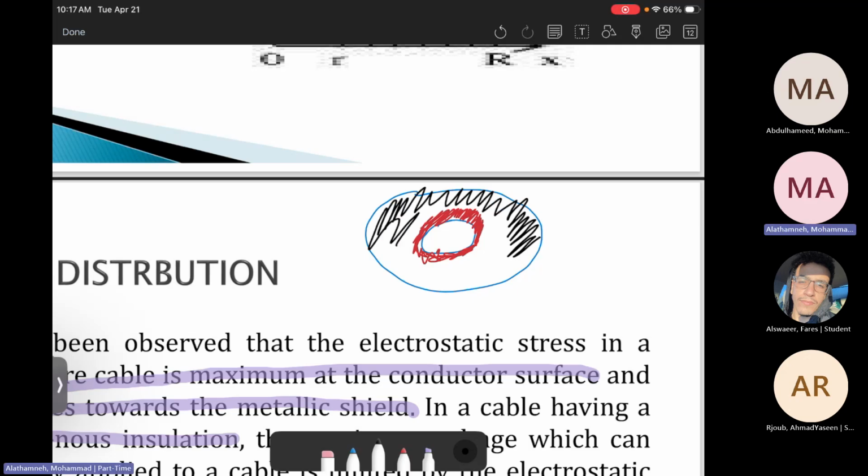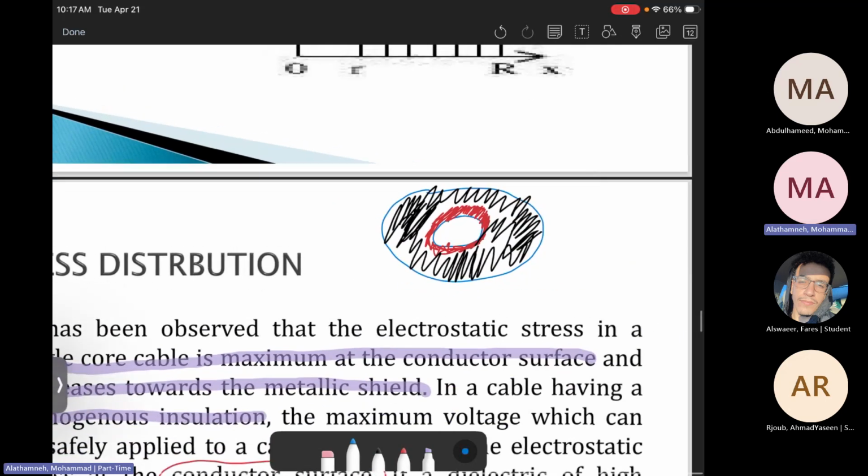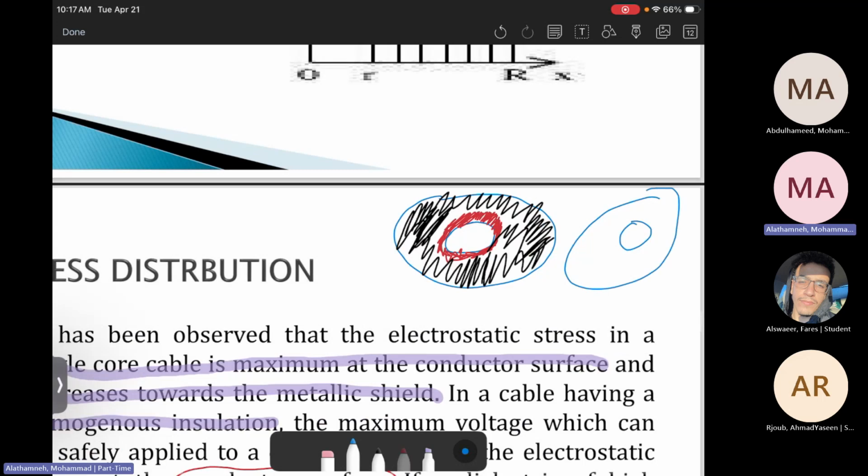So why do we need to make it homogeneous for the material? I mean, if we make it all from the expensive material, this will be unnecessary. Why? Because the electric field here is high, then we need to have a good material.